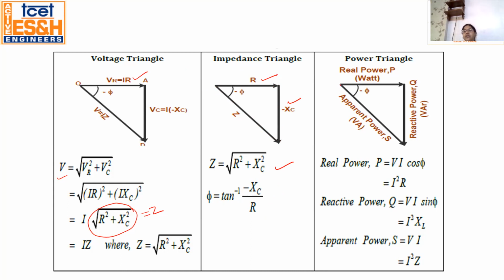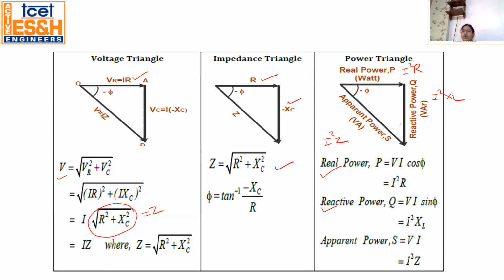You also draw a power triangle, in terms of all the powers. When you multiply the current square with R, it is the real power. Here I square XC is the reactive power, and apparent power is I square into Z. So these are the 3 powers present in the circuit. This is the real power I square R, and reactive power VI sin phi, if you split the components.